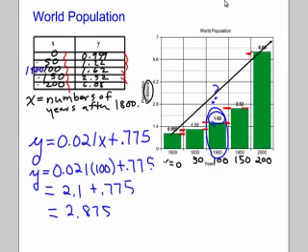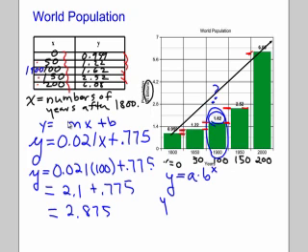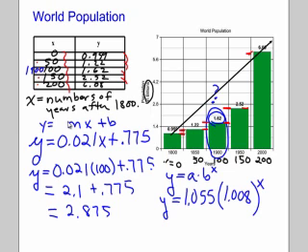So taking what we were given, this time, instead of mx plus b, the linear model, we have an exponential model, a times b to the x, where our a value rounded is 1.055 times, and I like to use the parentheses for multiplication, 1.008 to the x.